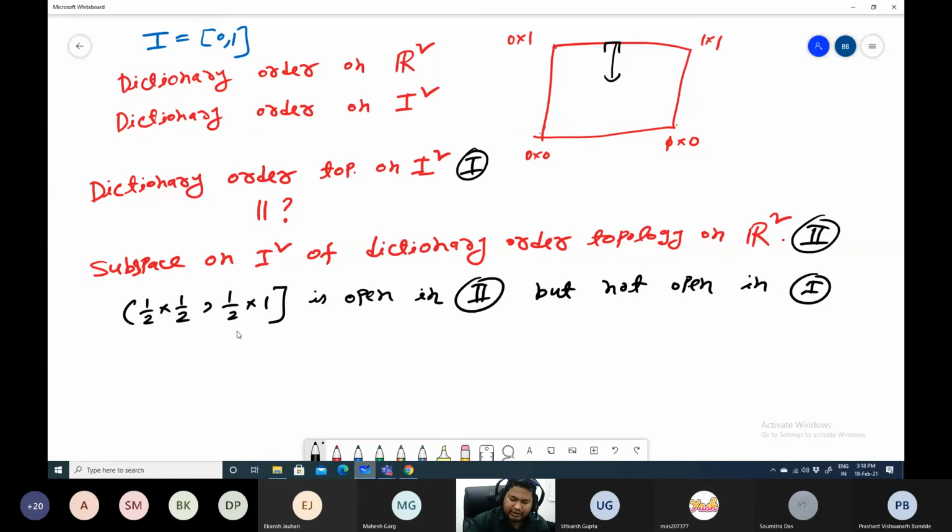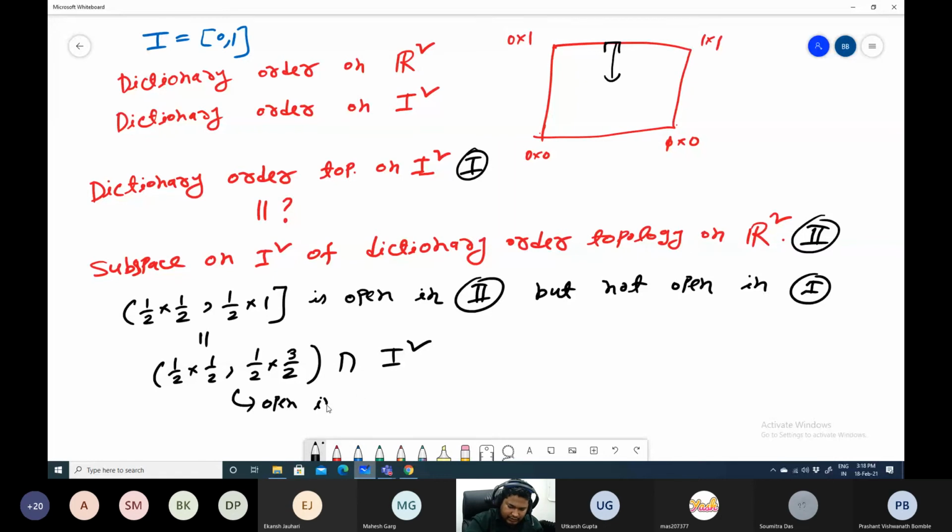Why is this open in this one? Because this can be written as half cross (half, 3 by 2), and then intersect with I2. It is the same as this one, right? And this is open in the dictionary order topology on R2. Now it is open in the dictionary order topology on R2 and then take the subspace, the intersection of this one. So we get this. Therefore this is open in this.